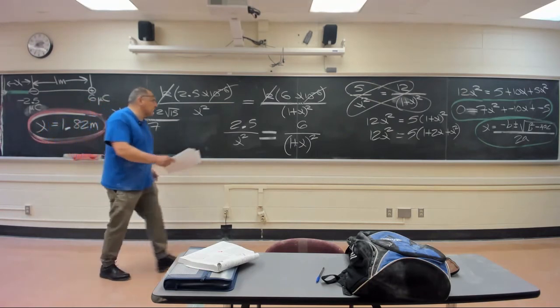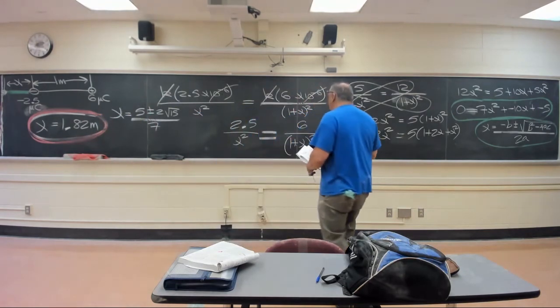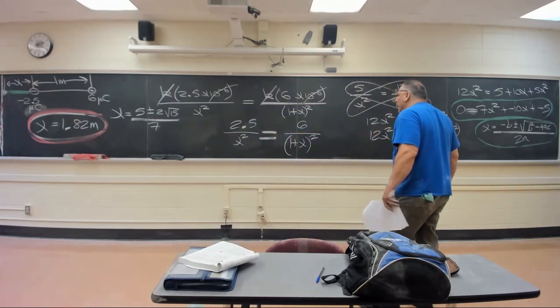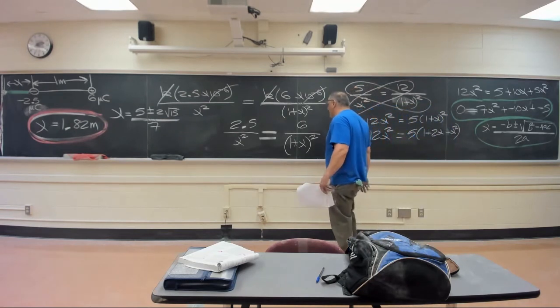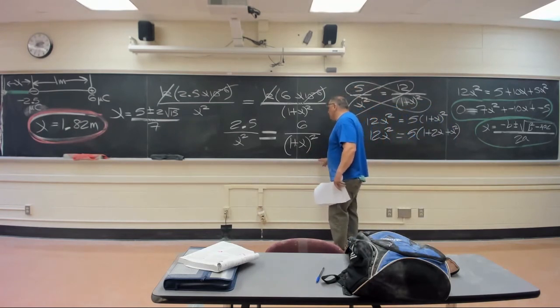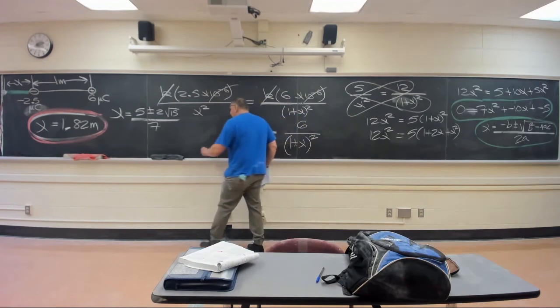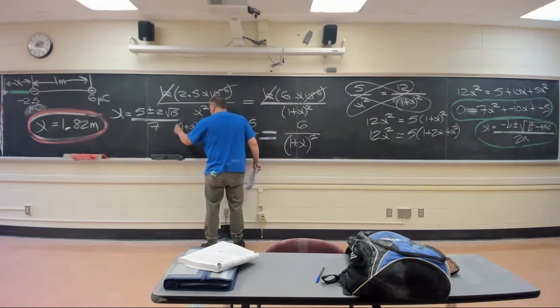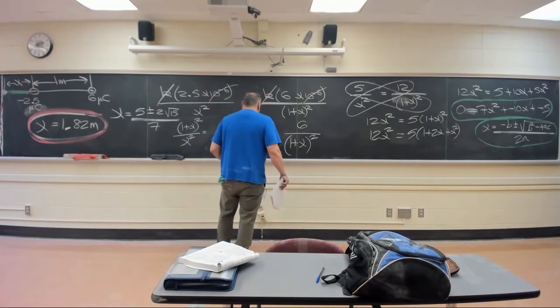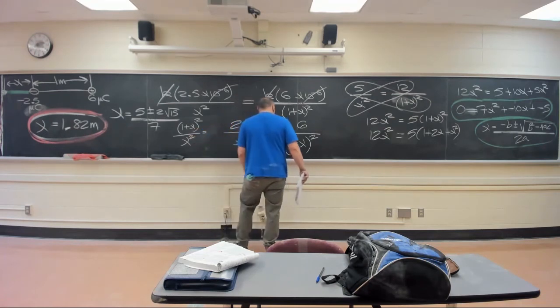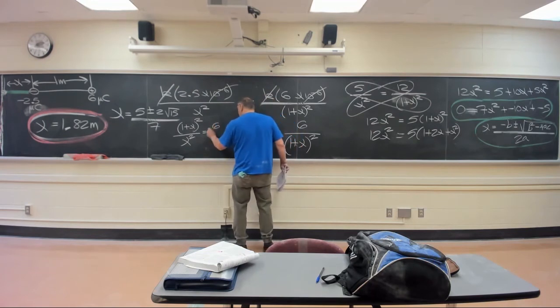You could have gone, the quantity 1 plus x squared, multiply that on each side, divide by 2.5 on each side, and you've got the quantity 1 plus x squared over x squared equals 6 over 2.5.